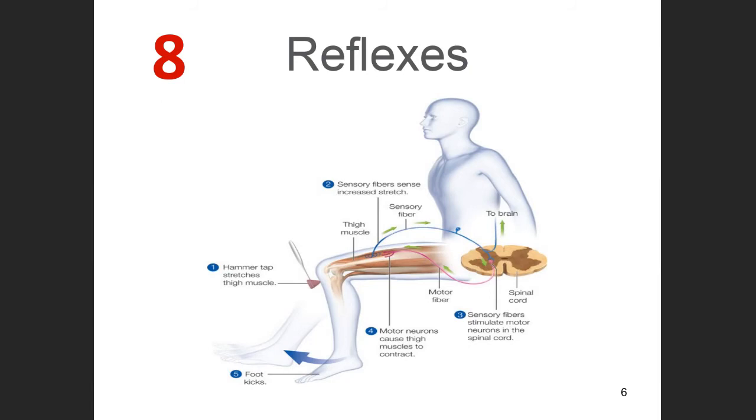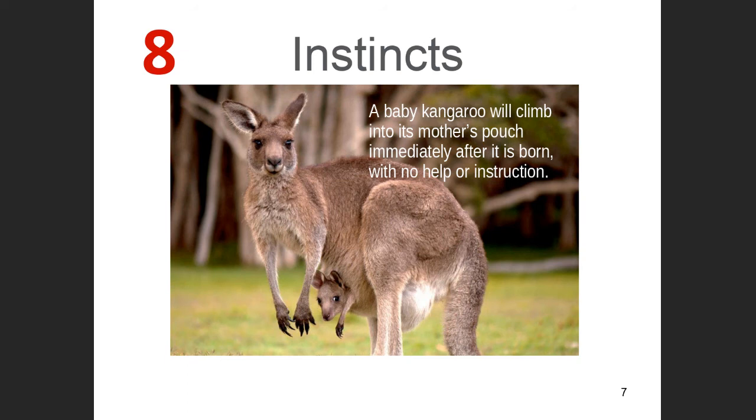Another example of a reflex is if an object comes towards your eyes, what do you do? You blink, and you don't really have any control over that. It just happens. And instincts are things that a species does, again, without any kind of learning, but it's a little bit more complex than reflexes are. An example of an instinct is a baby kangaroo.